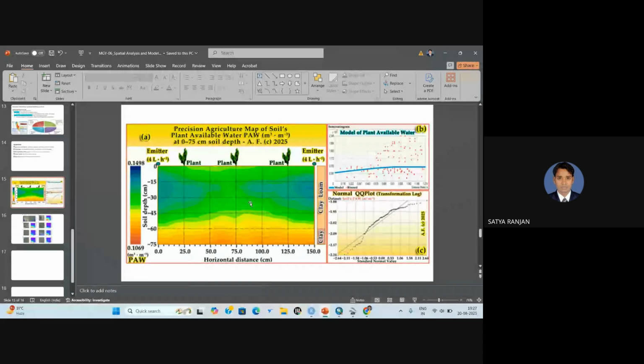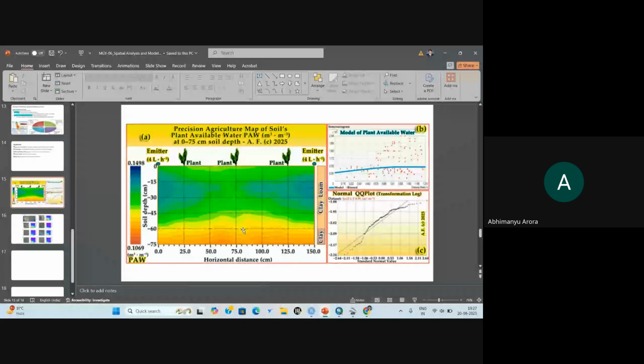Latitude, longitude is not seen here. It is not latitude, longitude. It's a distance in cm. Soil depth and distance in cm. These are other values are there. Okay, this is depth, horizontal.